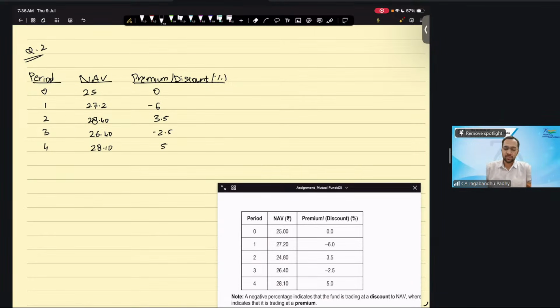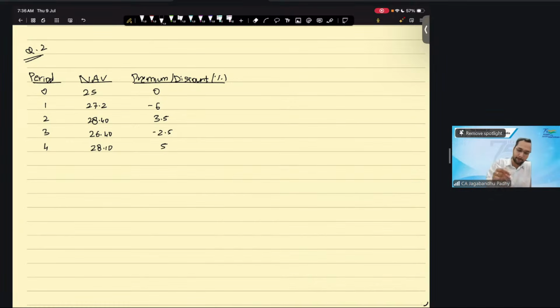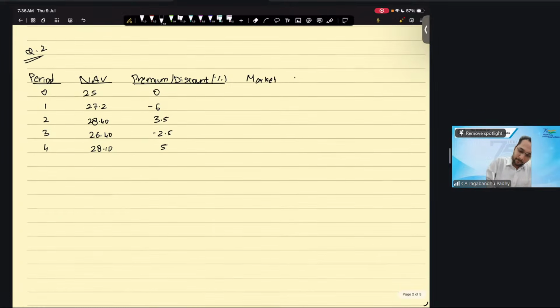So we need to first get the market price. So market price will be, first, the 0th year, it's going to be the same, 25. But of course, then subsequent numbers are going to be computed as 27.2 into 1 minus 0.06.